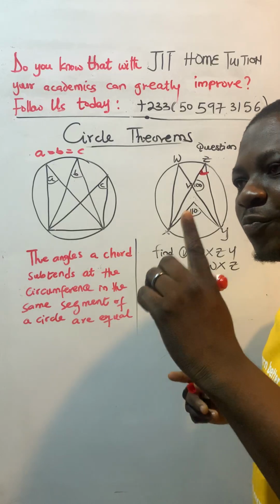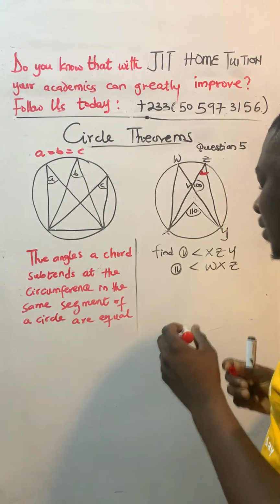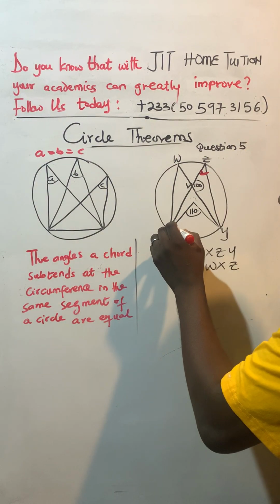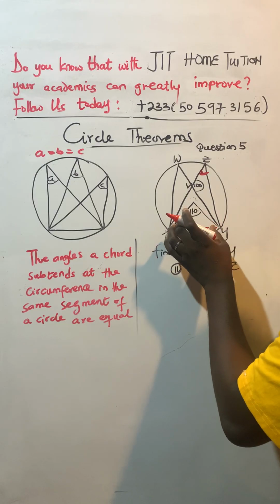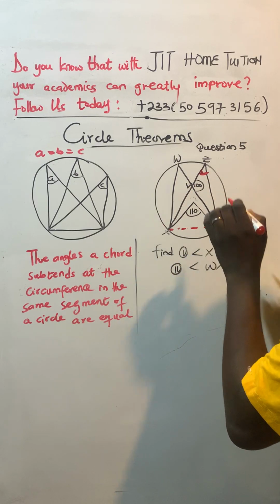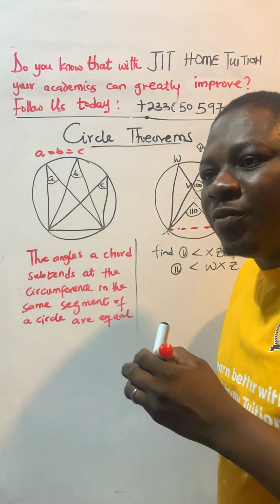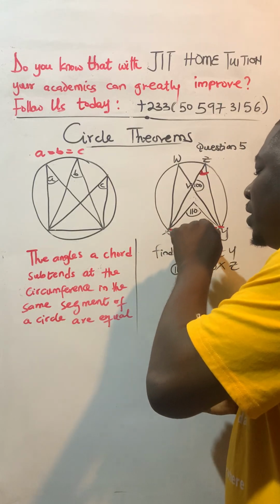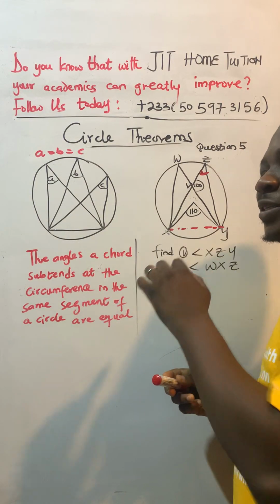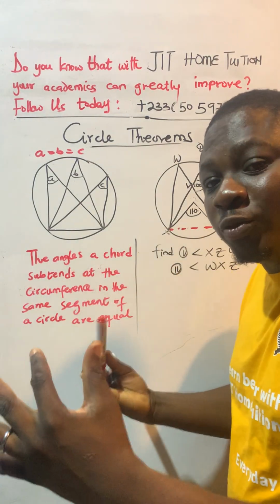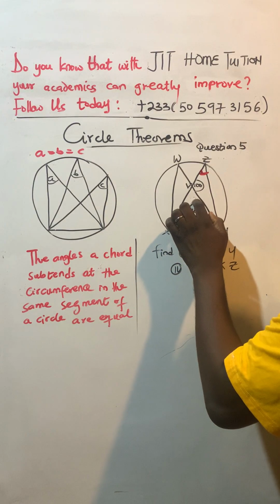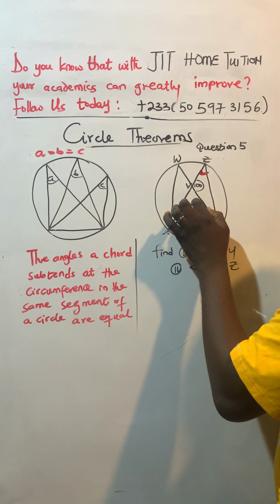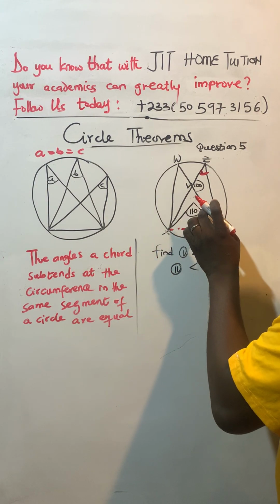Remember that in our previous videos, we looked at one of the theorems where we said that when a chord subtends at the center, so this is a chord, when the question is being given to you, it may not necessarily bring in this, but you are the one supposed to introduce it. So this is a chord and this is the center. It has subtended at the center, giving you 110.